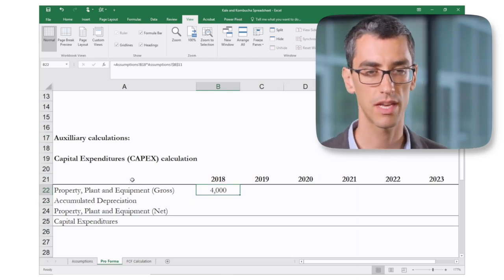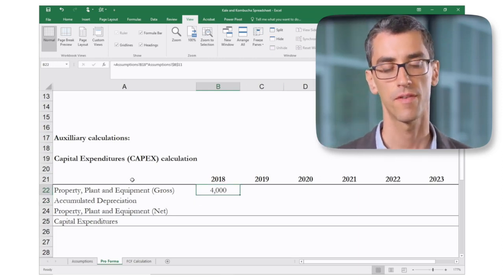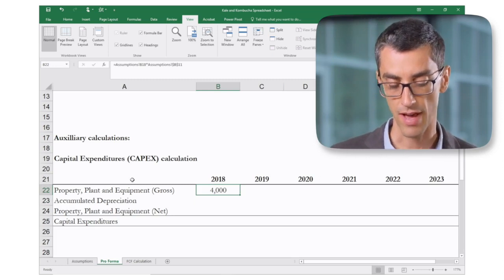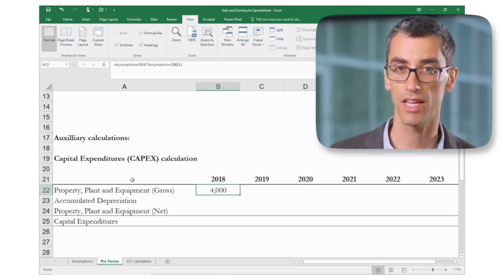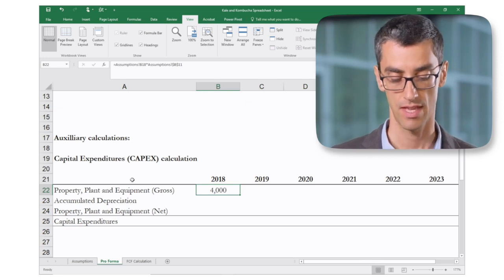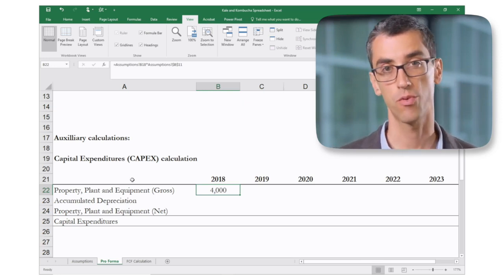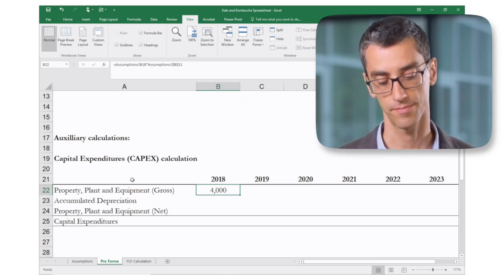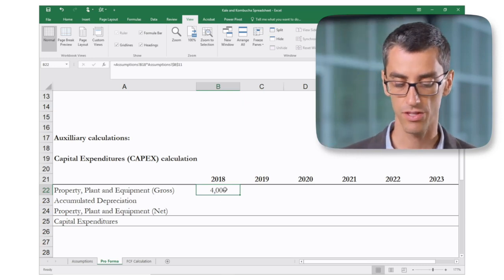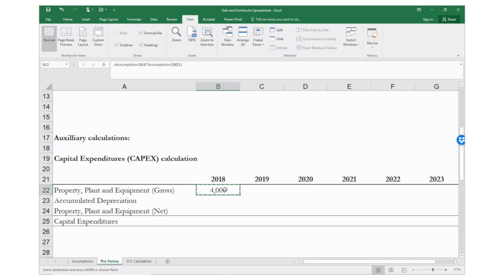Let's be clear about what that number says. That number is the value at which I am registering in my books the value that I've paid to get to those 20 total stores. Let's think about how this changes over time. This number is going to grow as I add stores. Let's look at 2019.